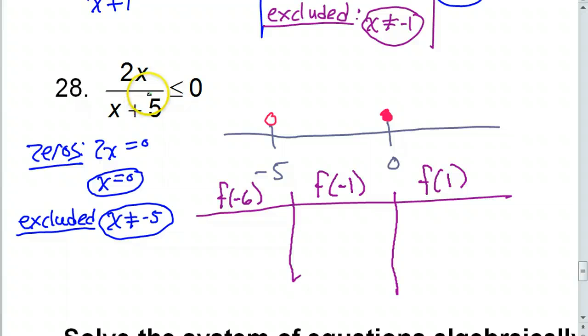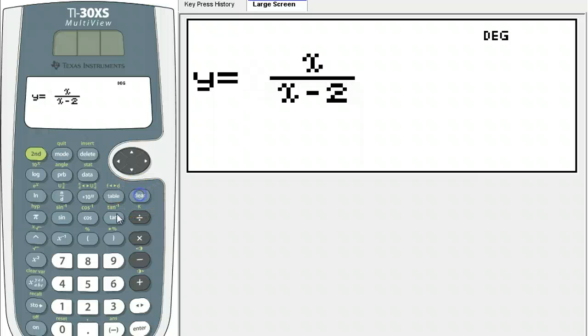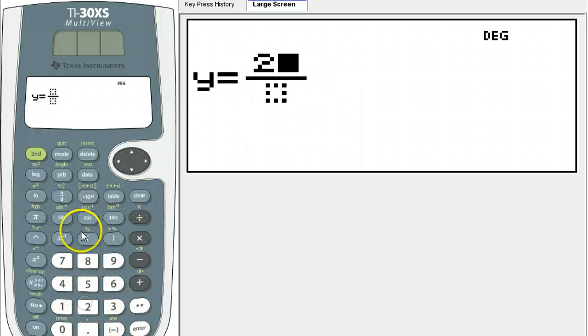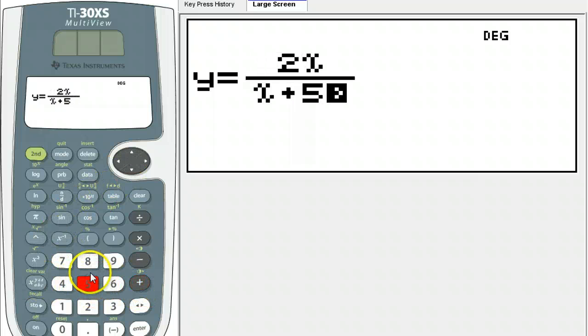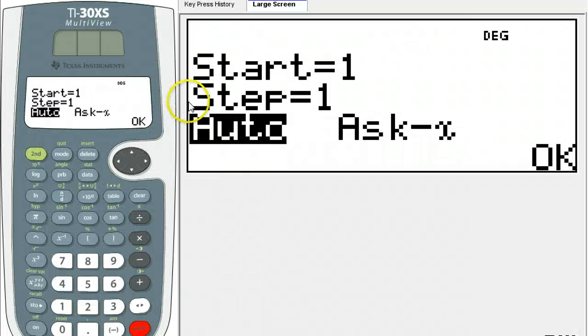And to test it out, I'm going to use my TI-30XS MultiView. 2x over x plus 5. Okay, I'm starting at -6, so I might as well just type in -6.